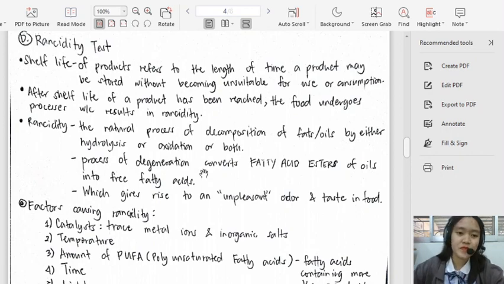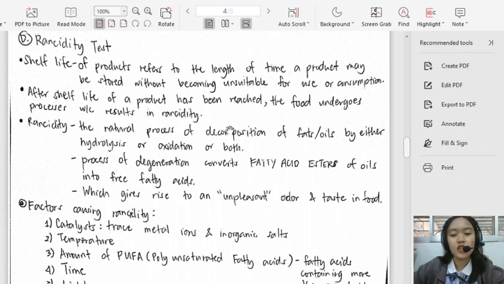So, after shelf life of a product has been reached, the food undergoes processes which result in rancidity. Kapag sumobra na sa shelf life niya, yung isang pagkain, nagiging rancid na siya. Ano ba yung rancidity, ma'am? This is the natural process of decomposition of fats and oils by either hydrolysis or oxidation.